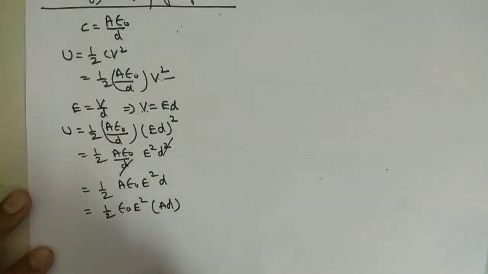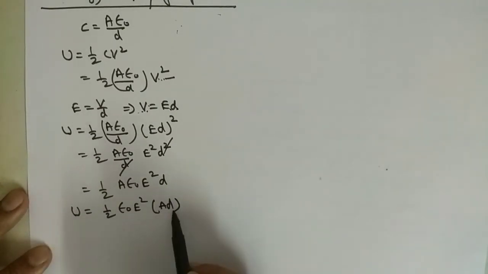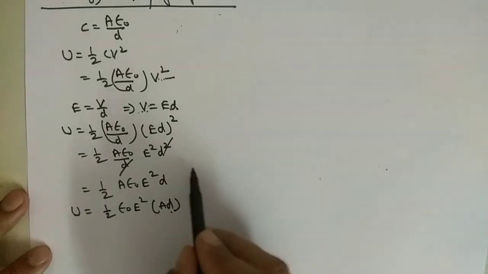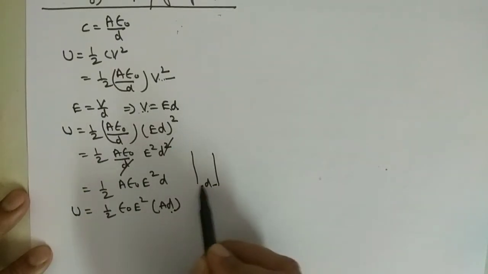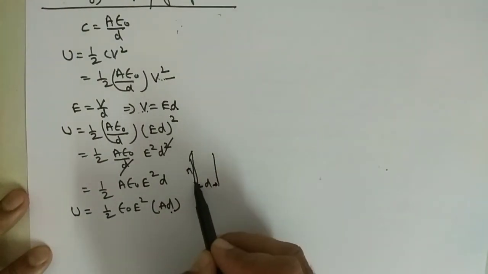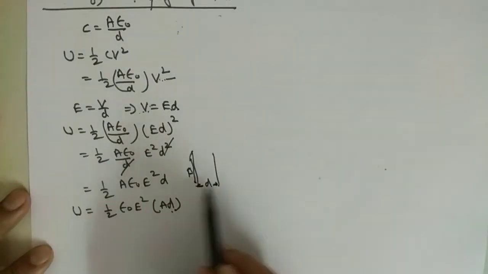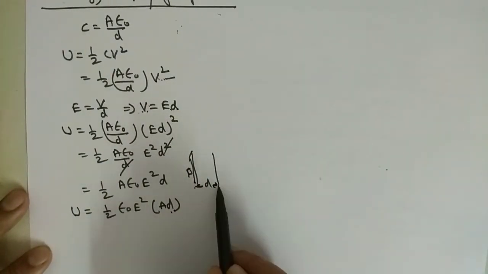And what is the AD here? AD means area into thickness, or area into distance between the plates. This is the D, the separation. This is the area of the plate. So area into the thickness or the separation, what is this?